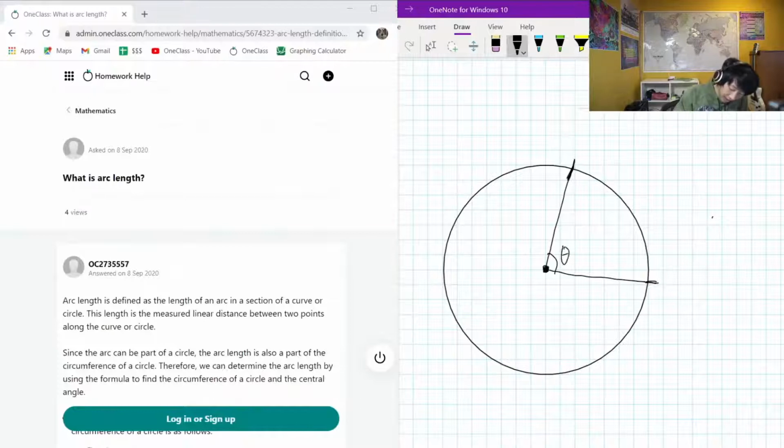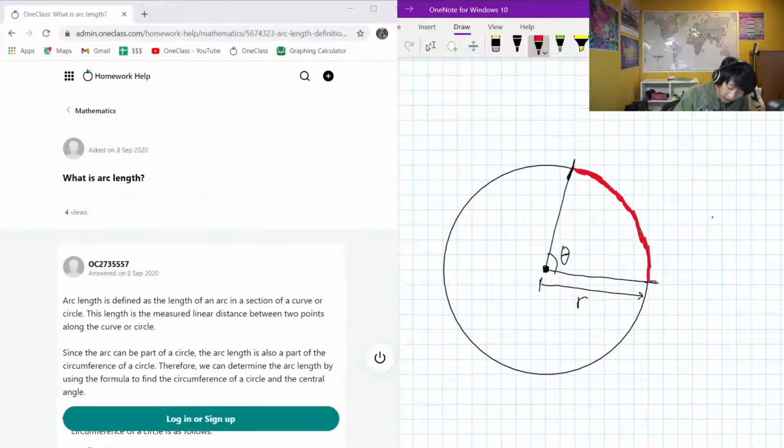Here we have our angle. This distance from center to edge is going to be the radius. The arc length is going to be, in red pen, right there.